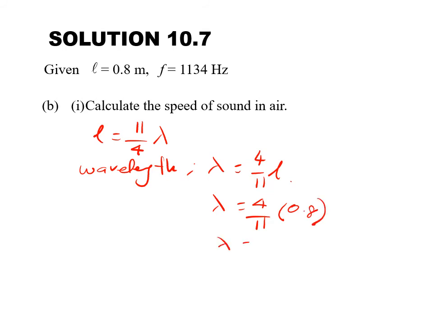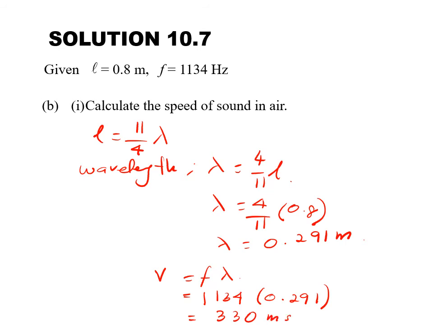So you will get lambda 0.291 meters. You still have not answered the question. The question asks you to find the speed of sound, where v equals f lambda. The f that we have here is 1134 times 0.291. So you will get the speed 330 meters per second.